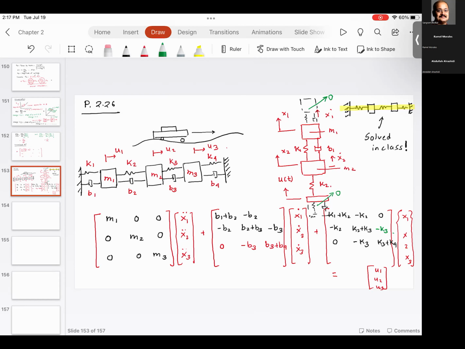So try to create a correspondence between this figure and this figure and substitute appropriate values here, and boom, that is the differential equation of motion for this problem.